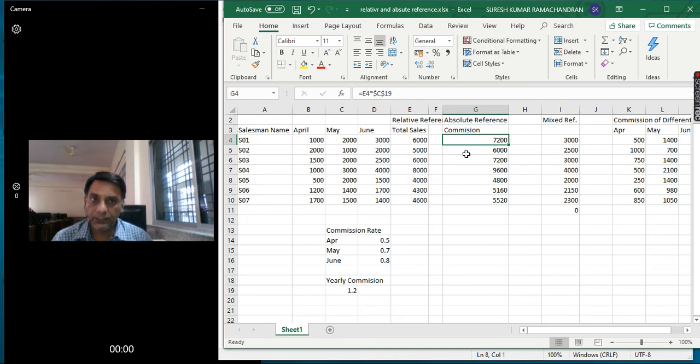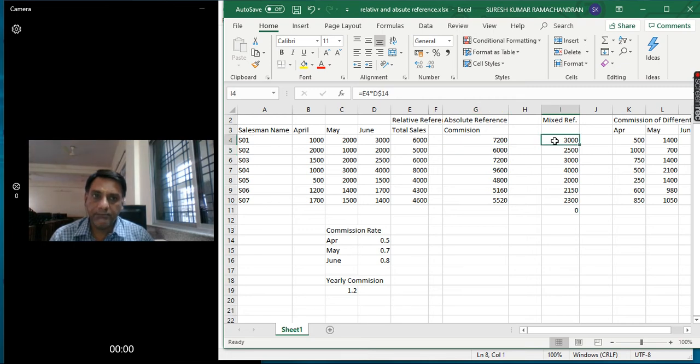This is the absolute reference, and this is the absolute cell. Absolute means a fixed cell. It cannot change. If we change the row, this cell does not change its position. So this type of calculation is handled by absolute reference. So this is the example of absolute reference.